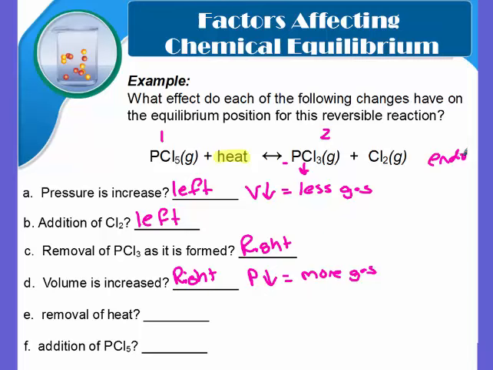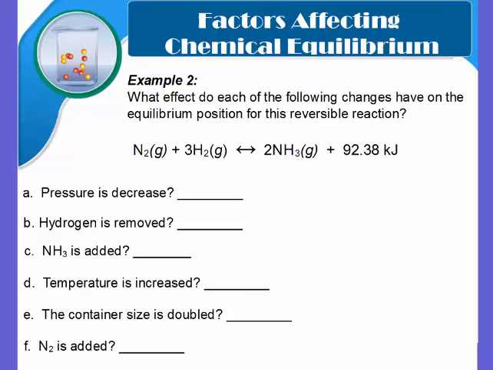Since I'm removing heat, I'm going to want to increase energy by shifting to the left to make that energy back up. And finally, if we add PCl5, it's going to want to use that PCl5 by shifting right. I'm going to pause the video and try this set on your own. Restart when you have an answer.